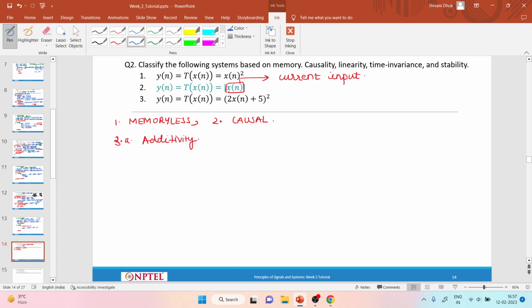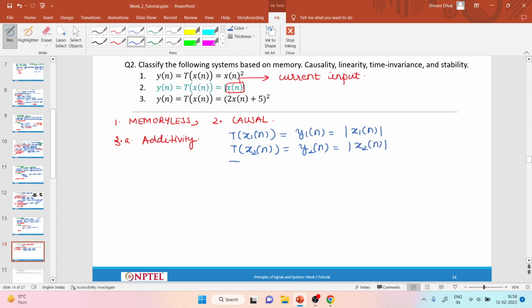Again, we'll use the similar definitions, that is x1 of n will give me y1 of n, which is equal to absolute value of x1 of n, then x2 of n will give me y2 of n, which is equal to absolute value of x2 of n.